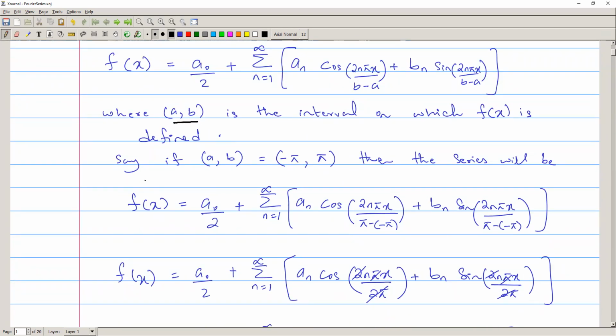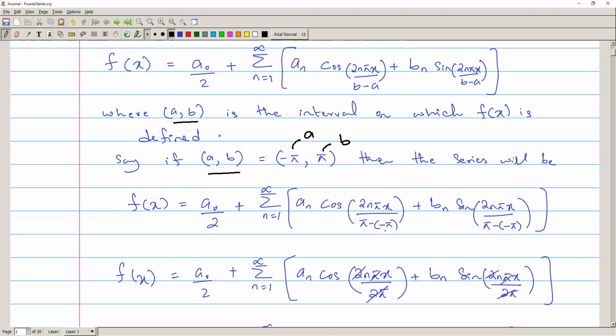Say if a and b are negative pi to pi, for example, then the series will be f of x is equal to a naught over 2 plus summation n runs from 1 to infinity a n cos 2n pi x over pi minus negative pi. This is b and this is a, right?